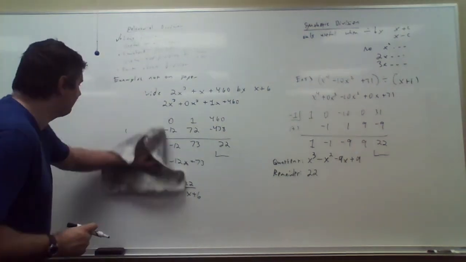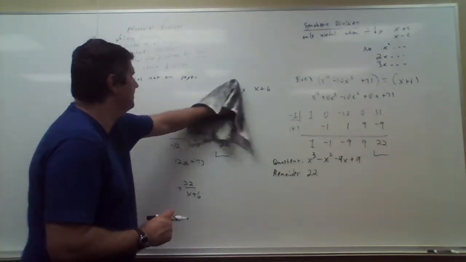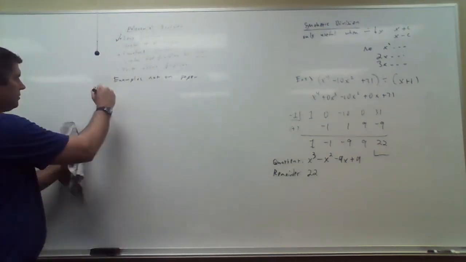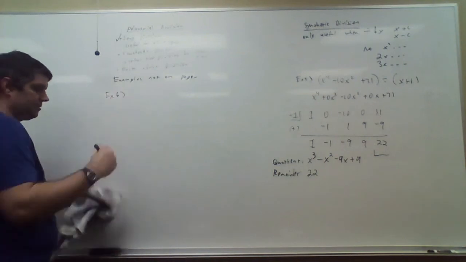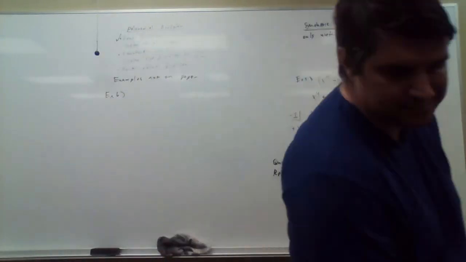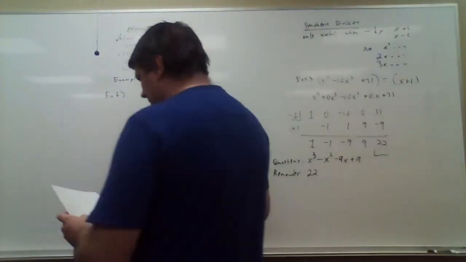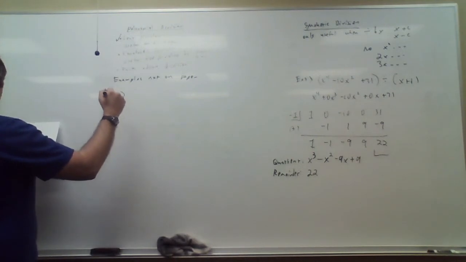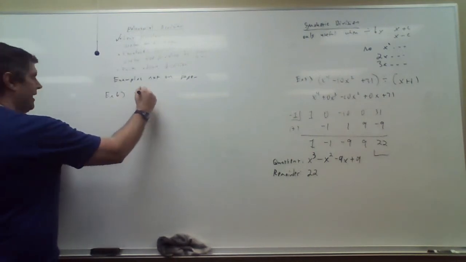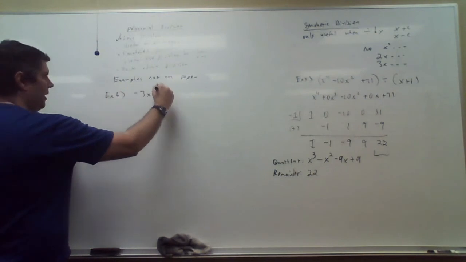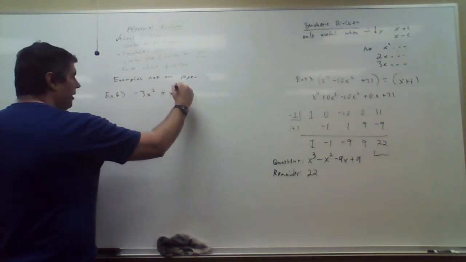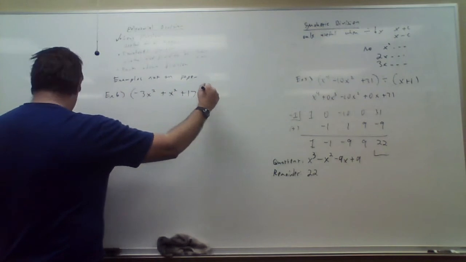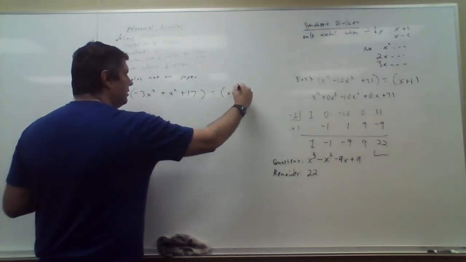All right. Example 6. Negative 3x cubed plus x squared plus 17 divided by x minus 1.